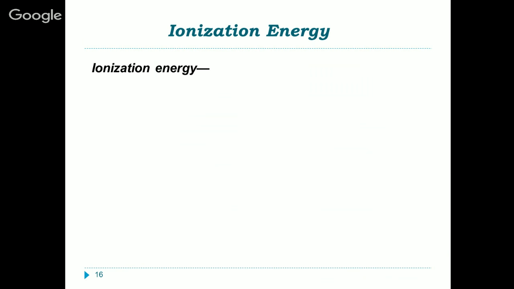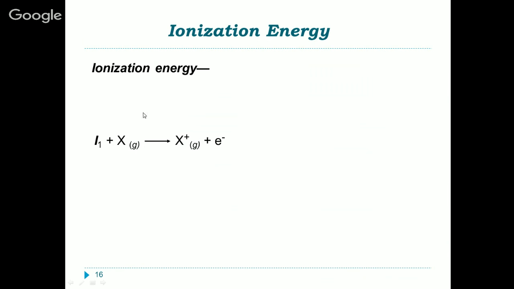So ionization energy. What is ionization energy? It's the amount of energy that has to be put in to take an electron away from an atom. So the energy is put in to remove an electron. Ionization energies are always positive because the energy has to be provided.